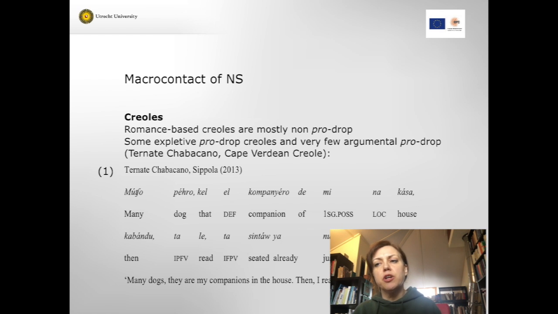So Romance-based creoles are mostly non-prodrop. So for prodrop, we don't have much to say. There have been some cases reported of prodrop, like the example you see in one, where you have subject drop: then read, then seated already just, so imperfective seated already. So you do not have a subject which is expressed overtly.